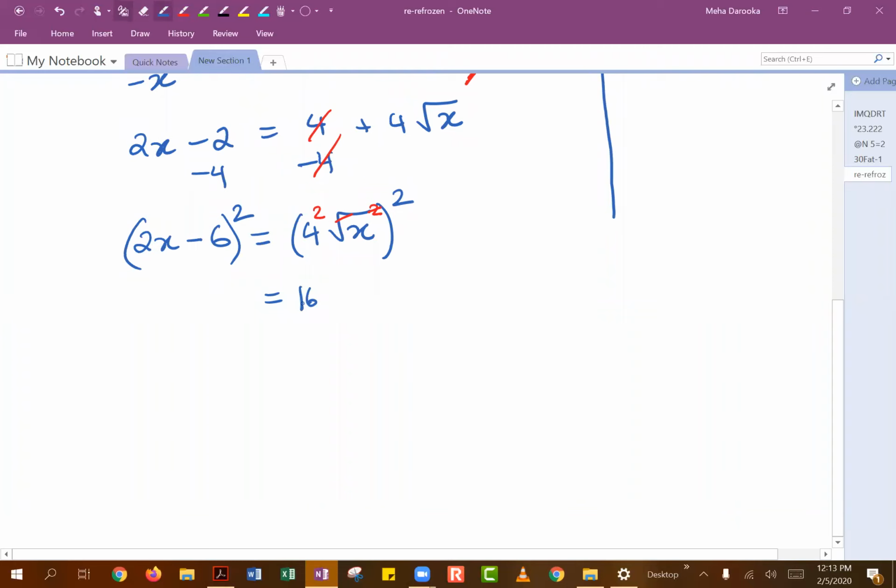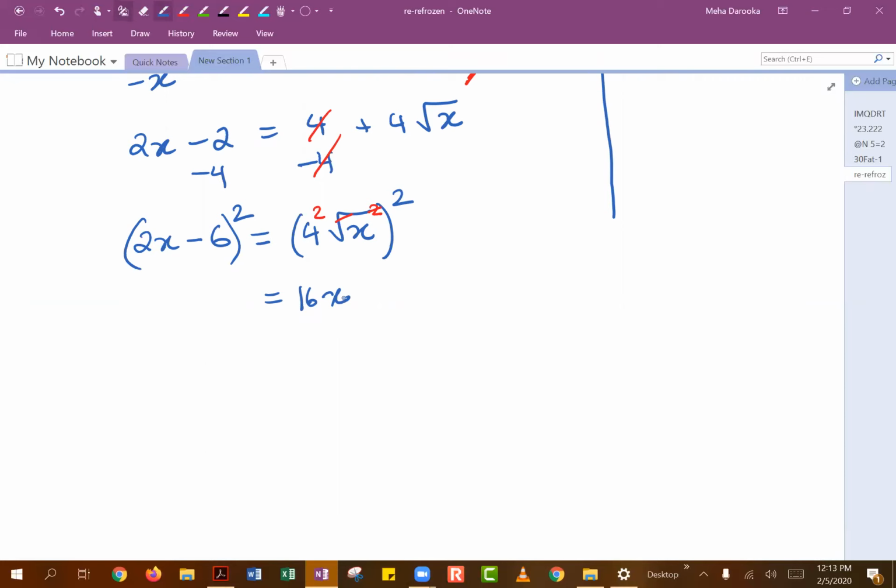And what happens with the square root of x? Very nice. Yeah, so it drops down to 16x because that 4 squared is where that 16 is coming from, and then the square root cancels out with the square, leaving you behind with this x.